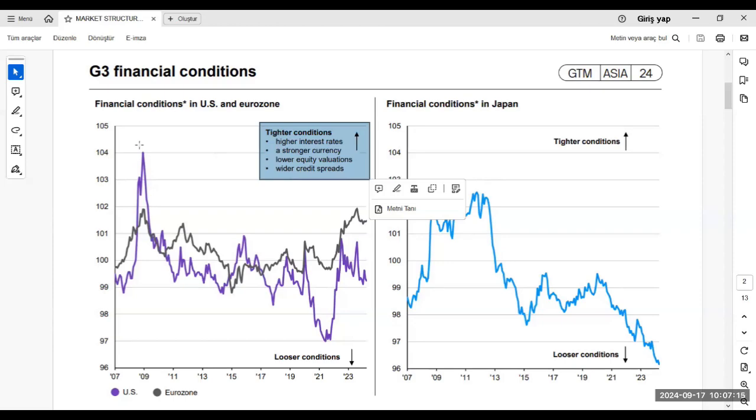Let's say you are in a financial condition like the tighter one. There's a high interest rate in the financial market. So what is happening if the interest rate is increasing? First, I will borrow from the financial market at a higher cost.